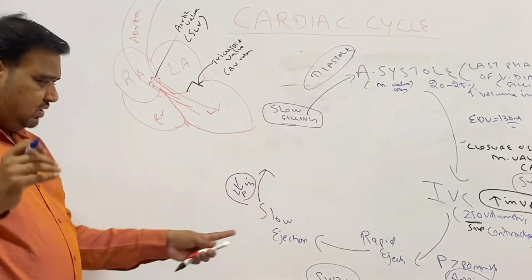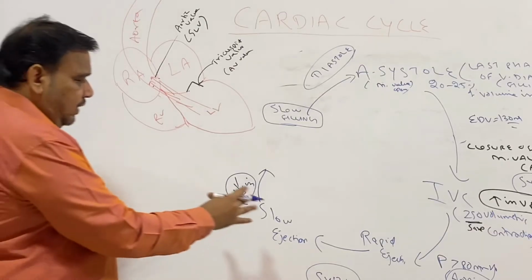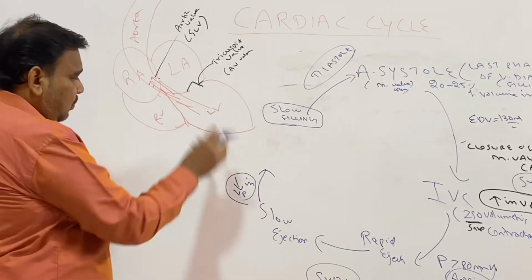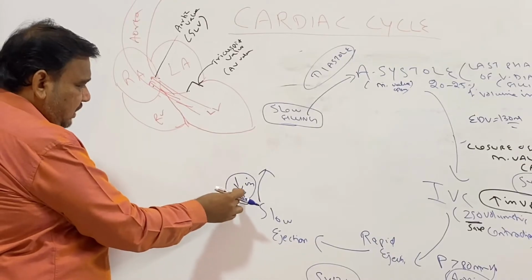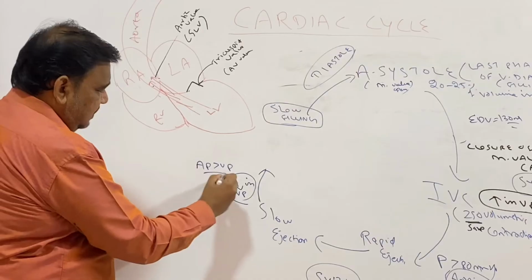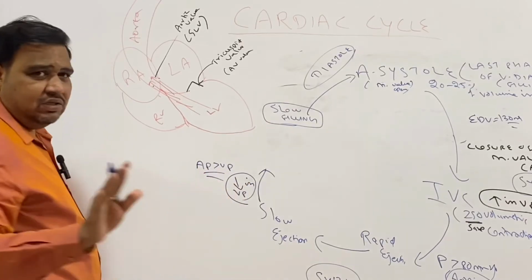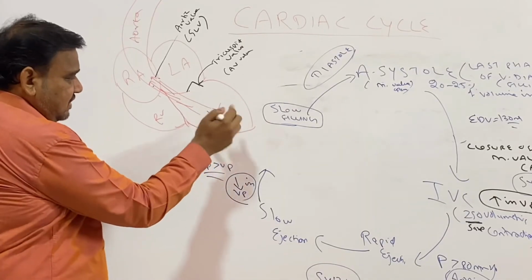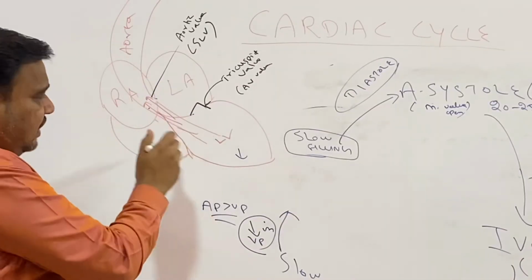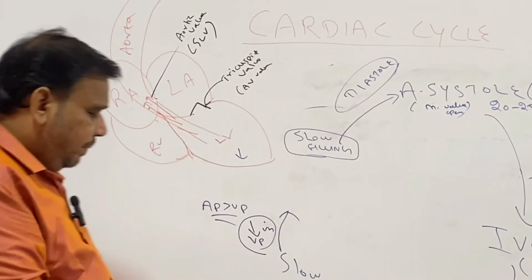Now the ejection phase is about to complete, and what happens? There will be decrease in ventricular pressure. Once the pressure decreases, the aortic pressure is greater than ventricular pressure at this stage. So what will happen? There is chance of backflow. So now what happens?